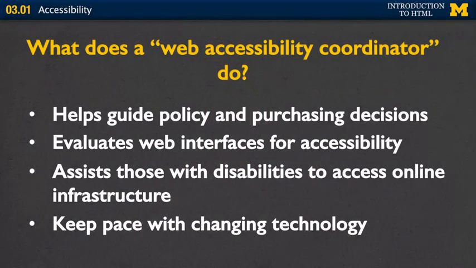Most universities and large companies will always have someone whose job it is to assist those who need some help accessing online material, or really any type of technological tools. Fourth, it's very important that people keep pace with changing technology. You will always have a job if you can find a way to combine your love with helping people with the different tools that are being used.